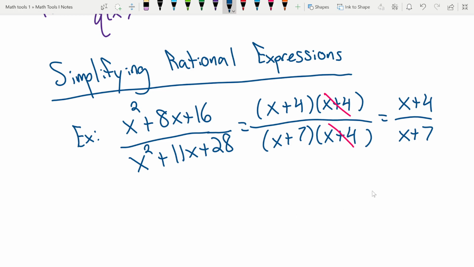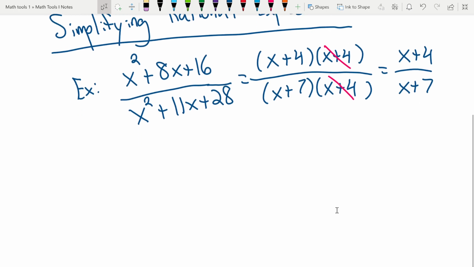So while we're considering them equal, they're really equal everywhere except at that one point, because at x equals negative 4, the left hand expression, if we think of it as a function, is undefined, whereas the right hand function is defined. It's going to be 0. So that's just something we want to keep in our back pocket for later. It doesn't make any difference outside of the function context, which is not what we're looking at right now.